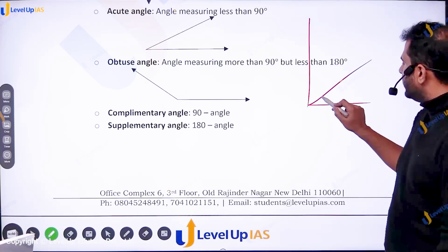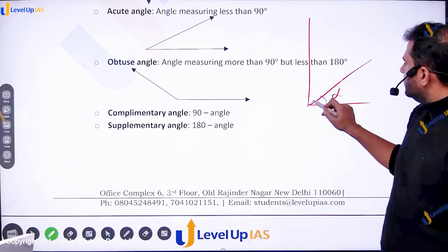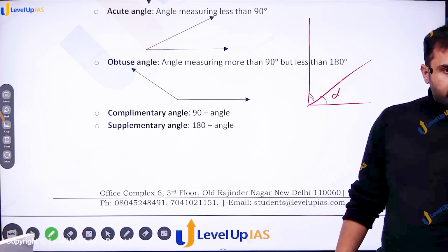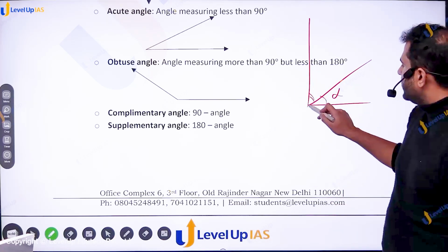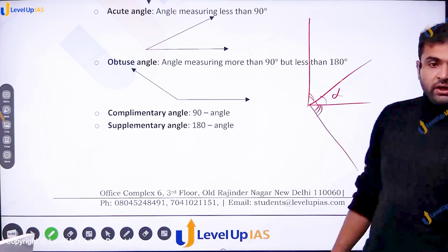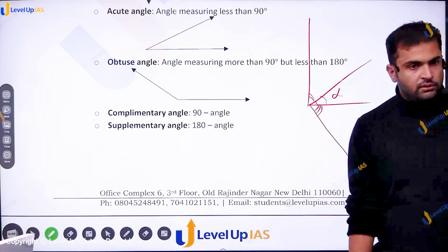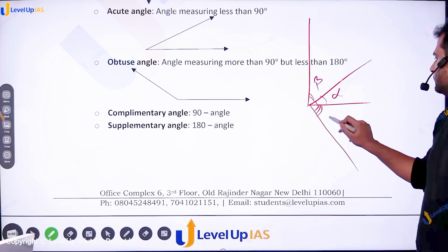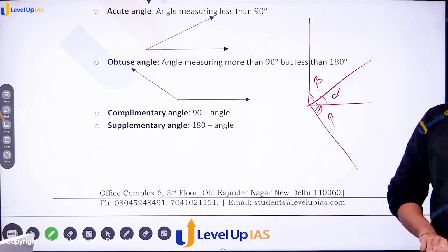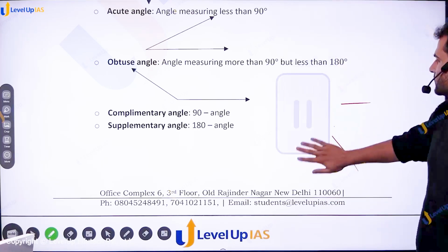For any given angle, let us say alpha, this would be complementary angle of this alpha. Or I can draw a perpendicular like this, and these two angles would be the same, let us call it beta. So those would be complementary angle of this given alpha.